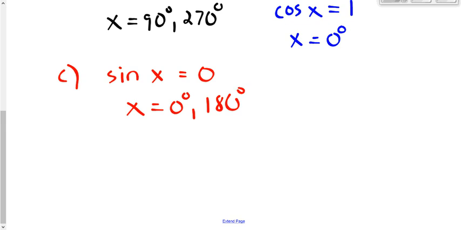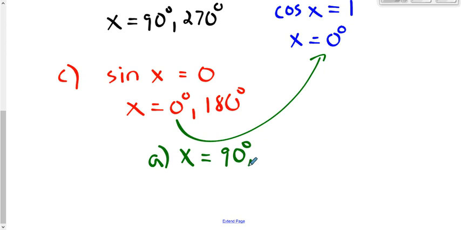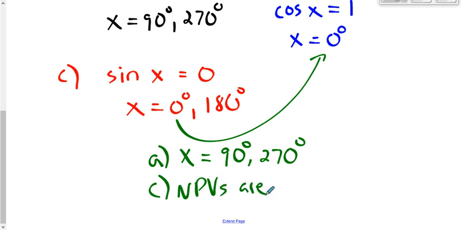Uh-oh, we got a problem. That matches, so actually our answer from A is incorrect. The answer from A really should be x is 90 degrees and 270 degrees. And then our answer for C should be NPVs are 0 degrees and 180 degrees.